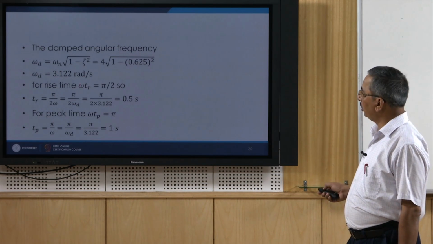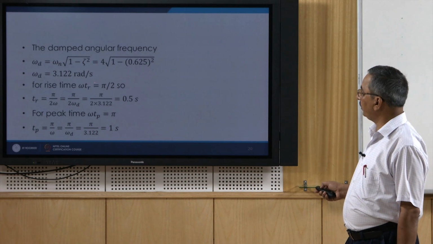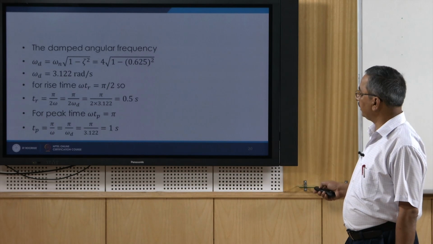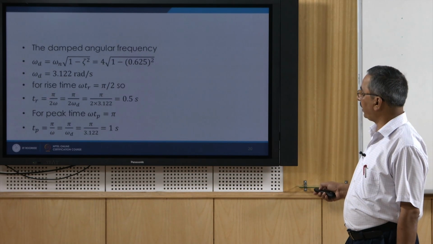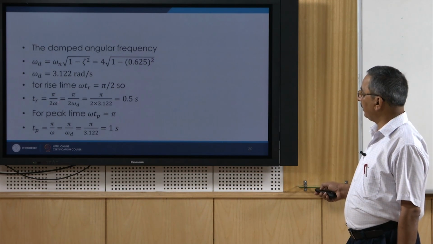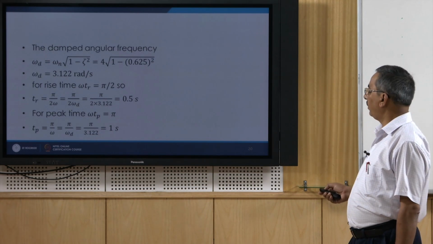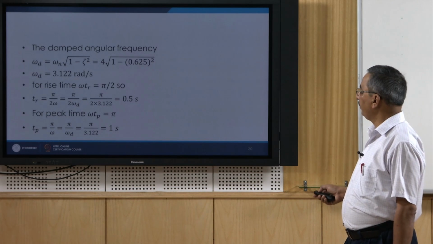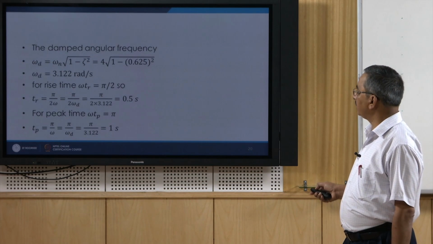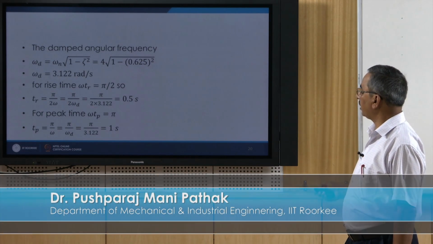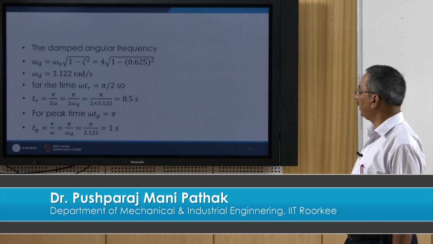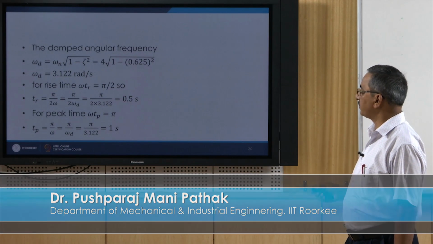Now, we know that for the rise time, omega d tr is equal to pi by 2. So, from here I can get tr as pi by 2 omega d, where omega d is the damped angular frequency. I substitute it here and I get the rise time as 0.5 second.